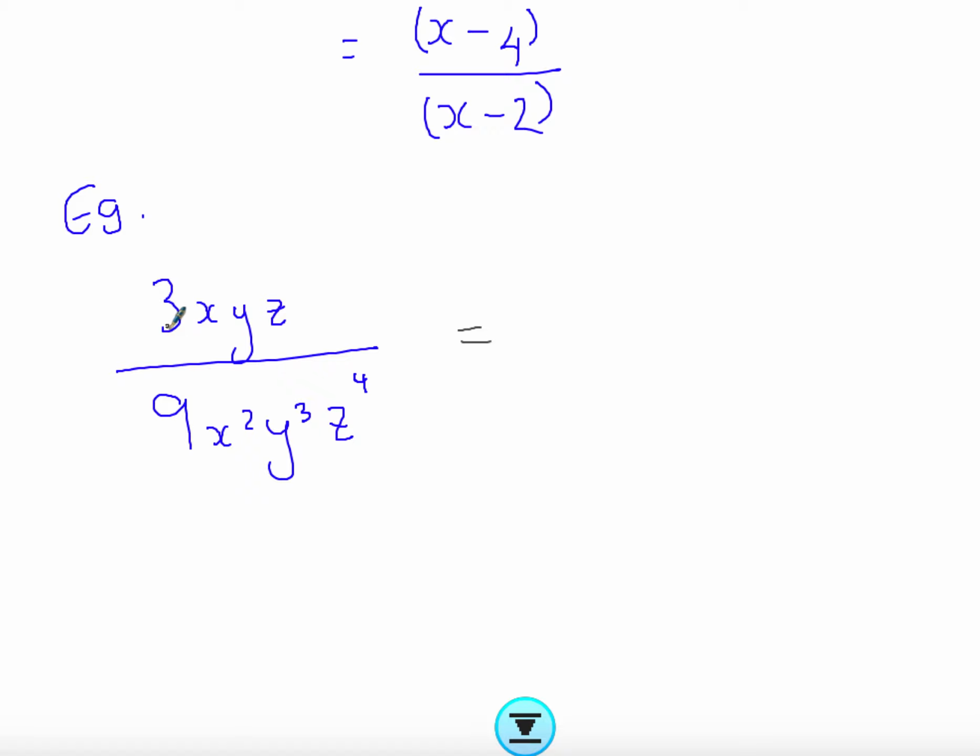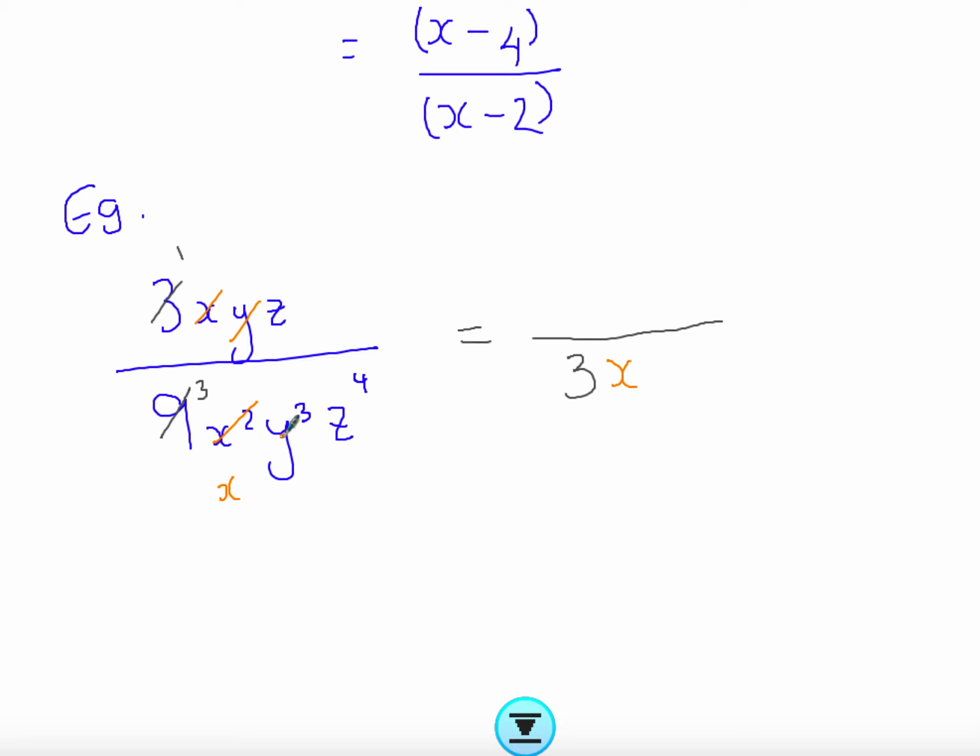So again, I'm going to look at the number, everything's being multiplied, that's the first question I ask, and then I can look at the numbers separately. So I can divide the numerator by 3, that will give me a 1, and denominator by 3, that will give me a 3. So in terms of numbers, I'm left with 3 in the denominator. In terms of letters, this x cancels out with this, I'm left with 1x in the denominator.